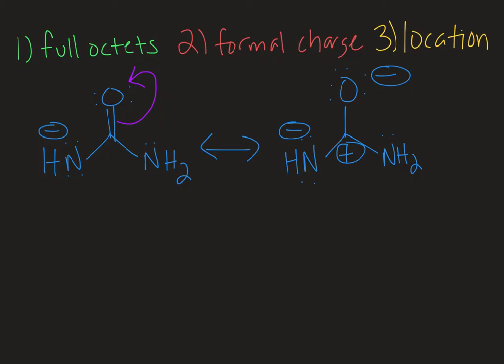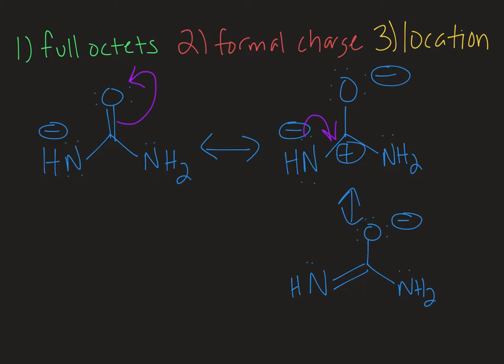Now that I have this positive adjacent to both of those nitrogens, either one of them could donate electrons. So the nitrogen on the left-hand side, these electrons could fold down to make a double bond there. And that would give us this structure. Again, the overall structure is negatively charged, but now the charge is localized just on that oxygen atom. And then the nitrogen on the other hand side could also have contributed.